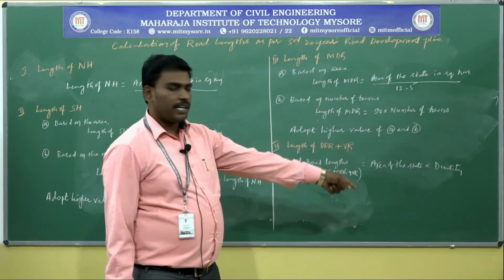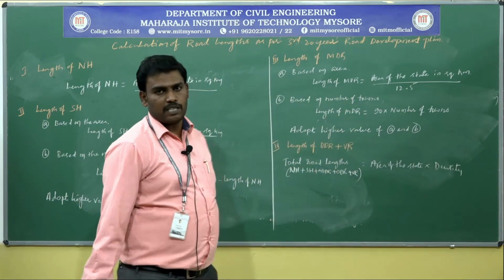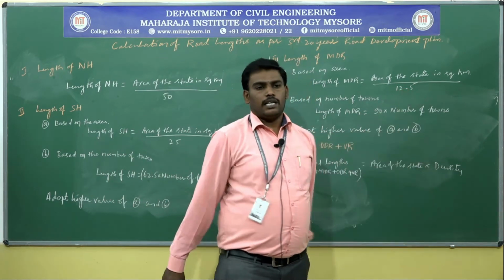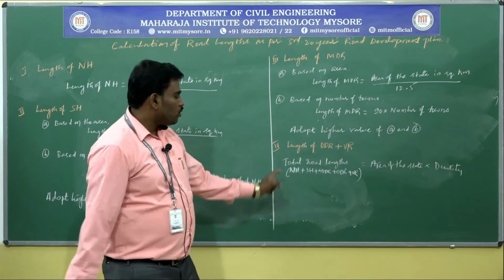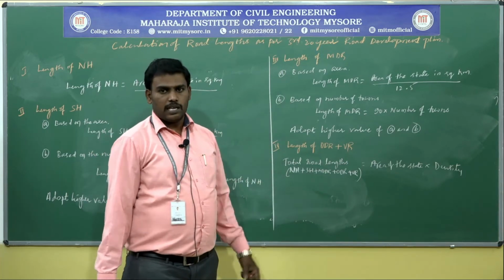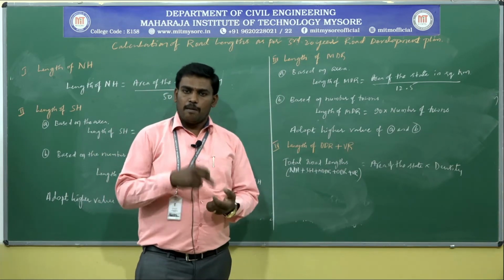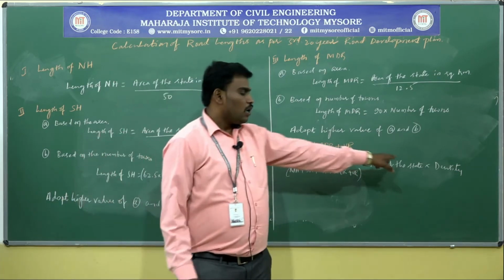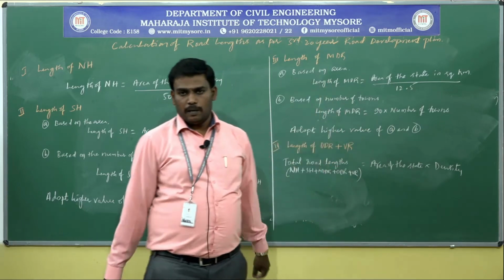It may be 82 by 100 or 75 by 100, whatever may be, they have given the density. So area of the state and density multiplication will give the total road length, that is NH, SH, MDR, ODR plus VR. All 5 categories together will give the road length in terms of kilometer.